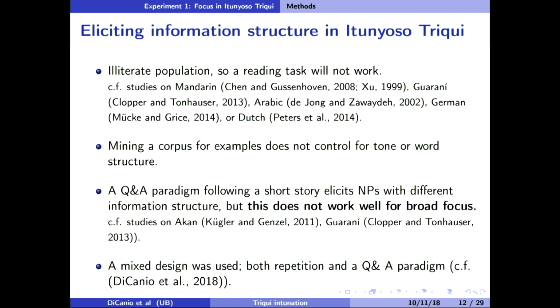And that matters because lots of previous work that investigated prosodic realization of focus involved reading tasks where the context would be controlled in the discourse. We couldn't use that. On top of that, Christian has a sizable corpus of spoken Triqui, but it doesn't control tone or word structure. So that was not possible either.